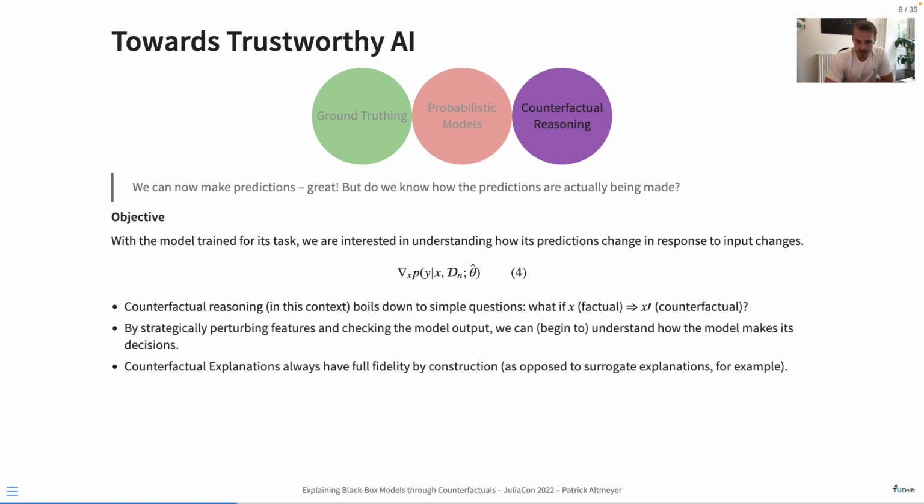One thing that is nice about counterfactual explanations is that they're always true to the model that we're trying to explain because they work with the black box directly. That's in contrast to some of these other popular XAI methods, such as surrogate explainers that involve approximations of the model that we're trying to explain.